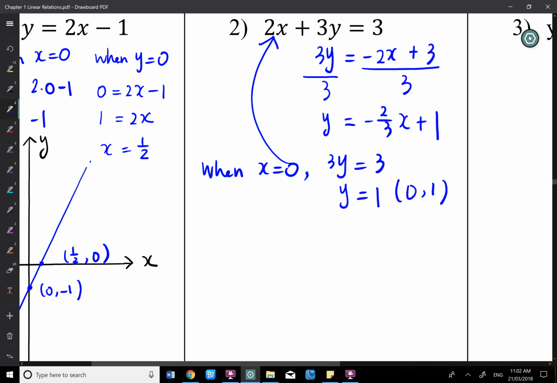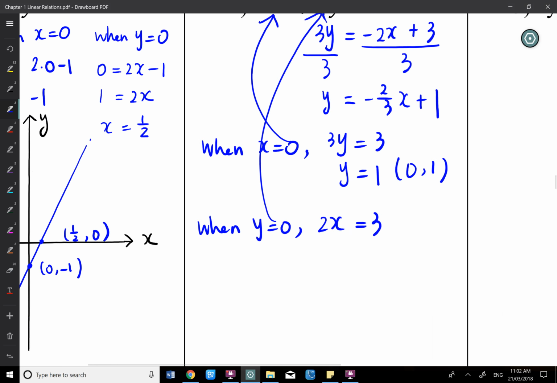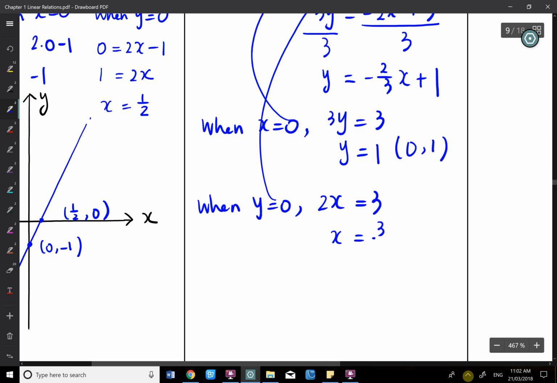So (0, 1) will be the y-intercept. And then when I make y equals 0, 2x equals 3, and then x equals 3 over 2. So (3/2, 0) will be the x-intercept.